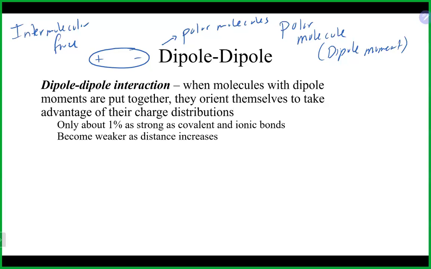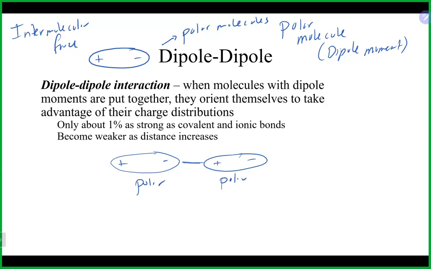They always have a positive side and negative side because of the unequal sharing of electrons. So what happens is when we get one polar molecule next to another polar molecule, which again could be the same molecule or a different polar molecule, they will be attracted to each other through the positive side of one and the negative side of another.